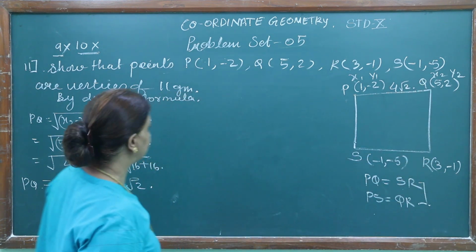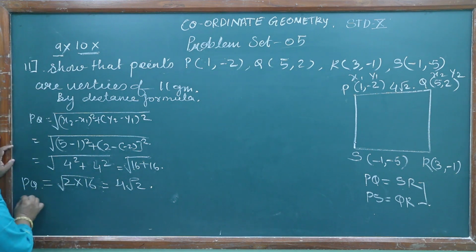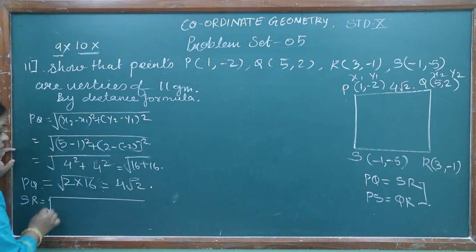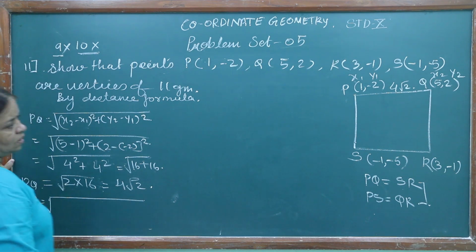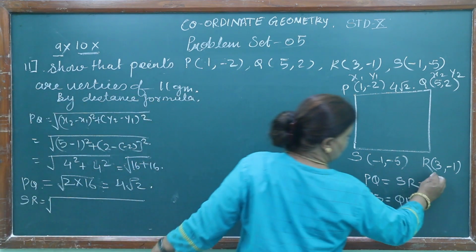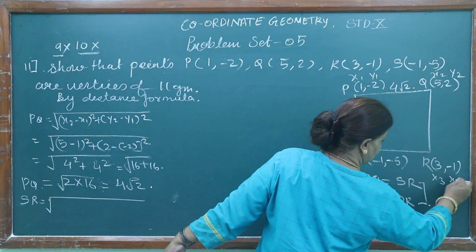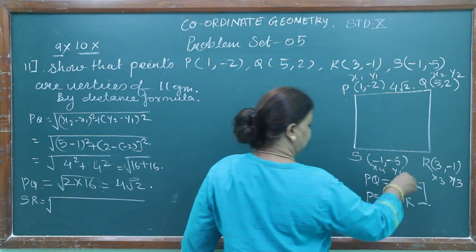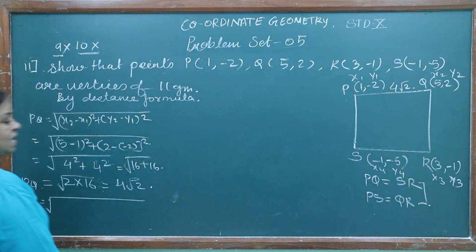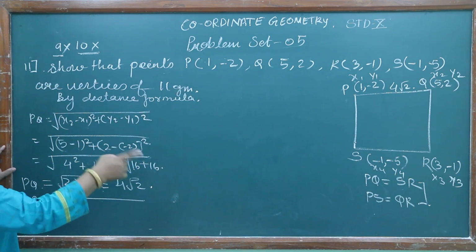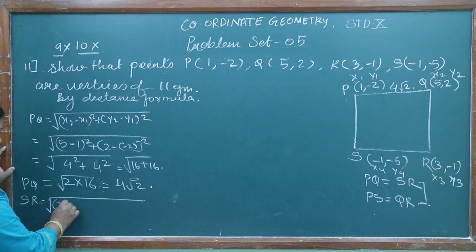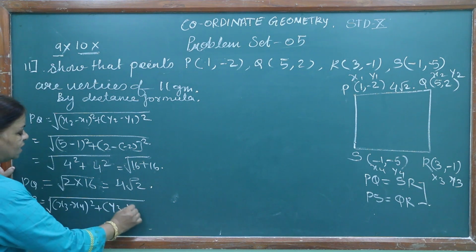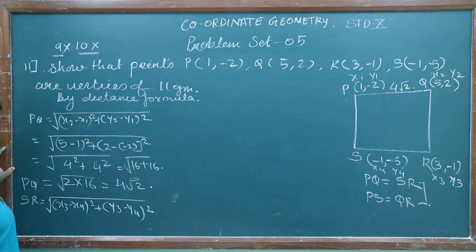Now let us find out SR, children, by the distance formula. This is x3 and y3. This is x4 and y4. So x3 minus x4, we will take x3 minus x4 the whole square plus y3 minus y4 the whole square.